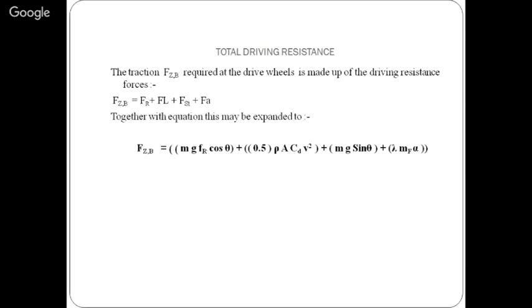Sir, this is actually a relation. Now what will we do? We are experimenting with a certain set of conditions. Suppose that this is my air resistance. What we generally do is accelerate our vehicle up to 120 km/h.